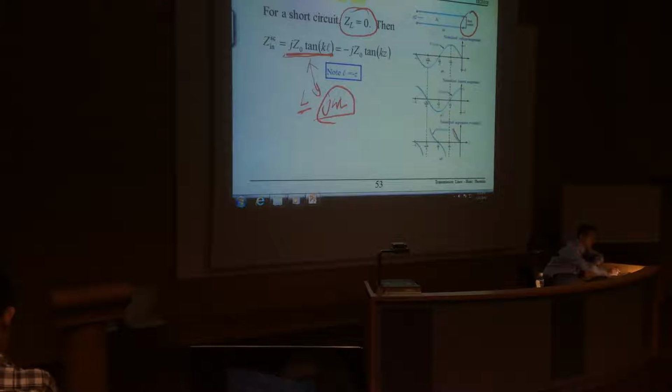If this length is less than lambda over 4, then the input impedance is similar to an inductor. You can realize the inductor by using this approach, the planar transmission line approach.